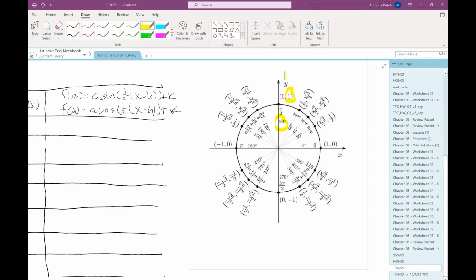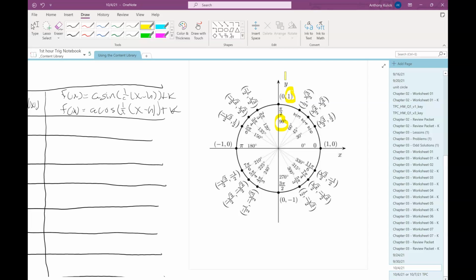So the inputs are angle measures, right? Everybody good with that? So we can make an angle measure as big or as small as we want, right? That was one of the big results from last chapter. Regardless of how I draw my angle, is the terminal side of it going to intersect the unit circle? Yeah, right?